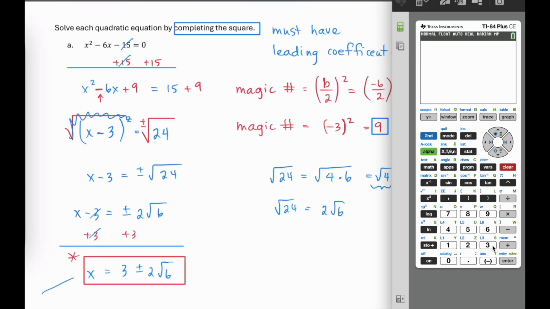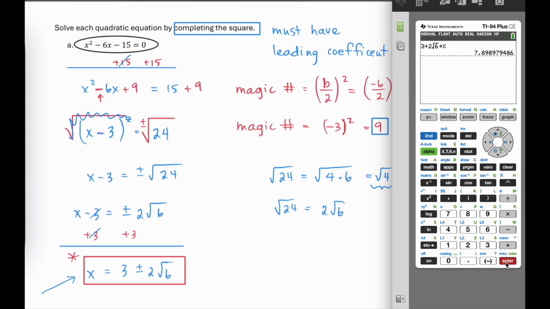Now in order to check this answer on our calculator, we're going to plug in 3. Now we can only check one at a time, so we'll just do plus 2 radical 6. The radical is right here, so we're going to have to hit the second button in order to access it. And then we'll plug in 6, come out from under the radical, and then select store, and we'll store that quantity into x and hit enter, and that's going to make that value easier to work with.